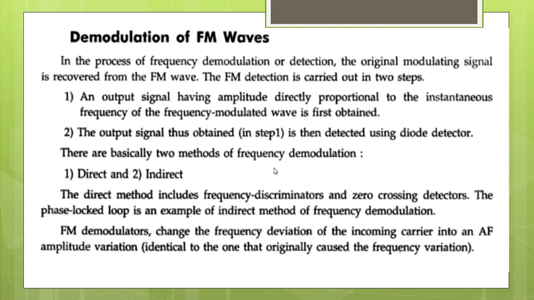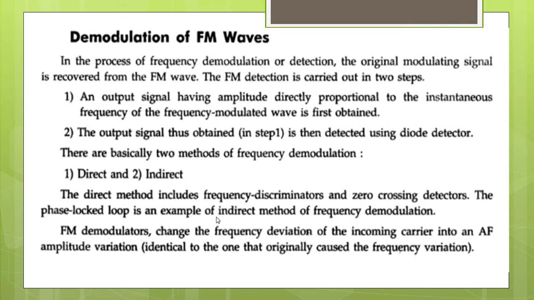So to demodulate the frequency modulated signal, these are the steps which are carried out. An output signal which is having an amplitude directly proportional to the instantaneous frequency of the FM wave is first obtained. Then this signal which is obtained in the first step is detected or demodulated by using a diode detector.